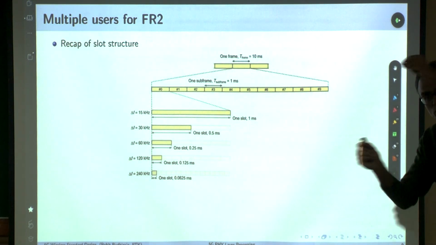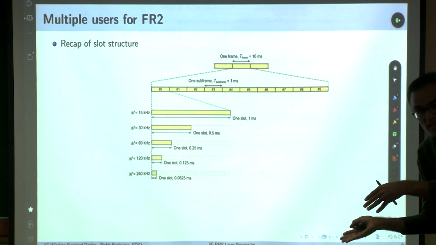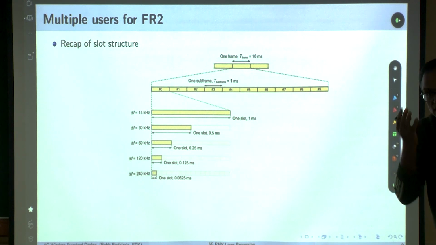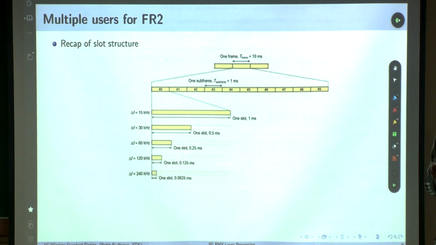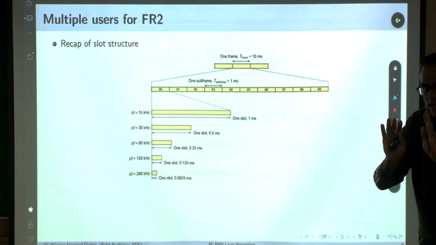The second symbol I give to another user. So if you look at a slot, how many users can I serve with the architecture I have, one RF chain and multiple antennas? I can serve 14 users in a slot.